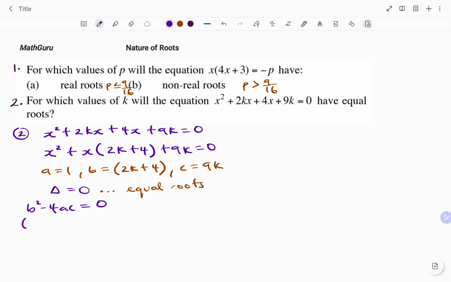My b is an expression, so I'll leave that in a bracket, (2k plus 4) all squared, minus 4 times a, which is 1, times c, which is 9k, must be equal to 0.